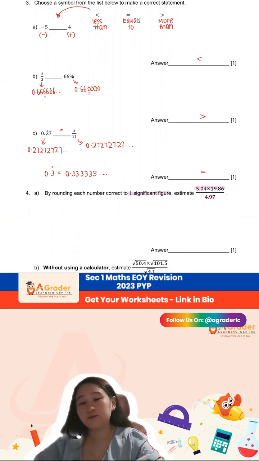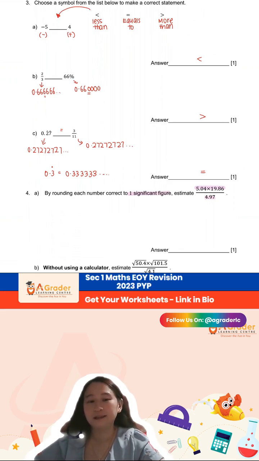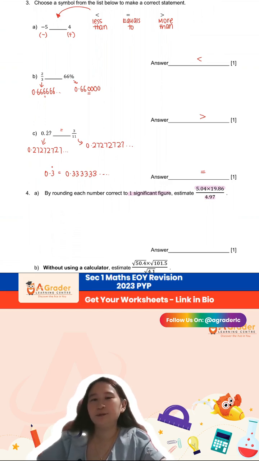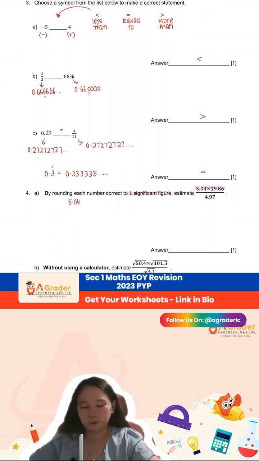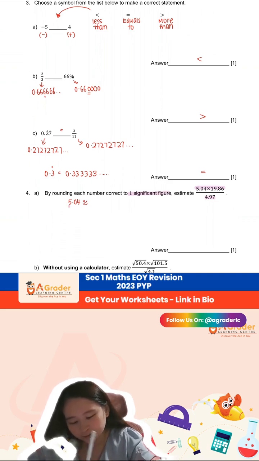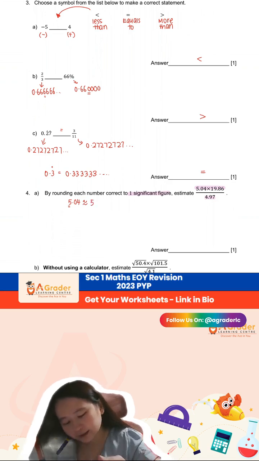So one significant figure means I only want to have one digit other than 0 itself. Yep, Jaden, very well done. Okay, so for 5.04, when I round off to one significant figure, 5 is a significant figure, so I want to round off to my ones place. So when I round off to ones place, I get 5.